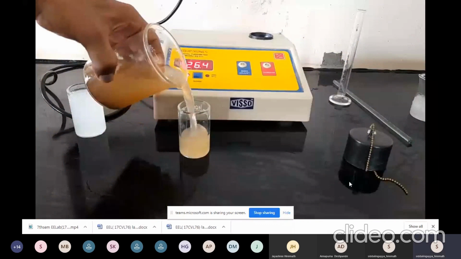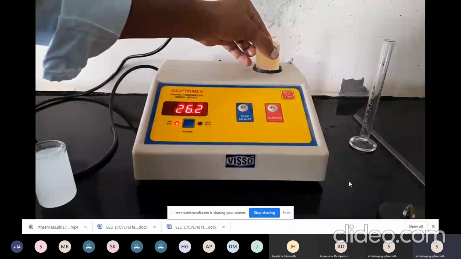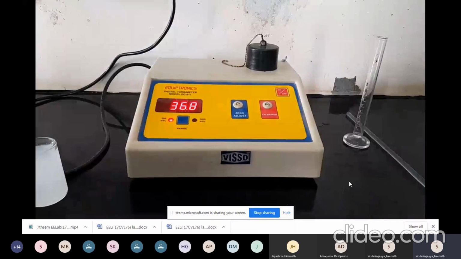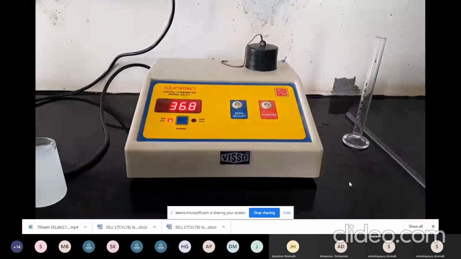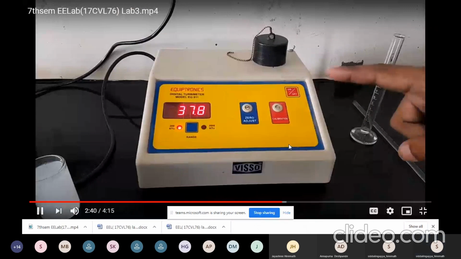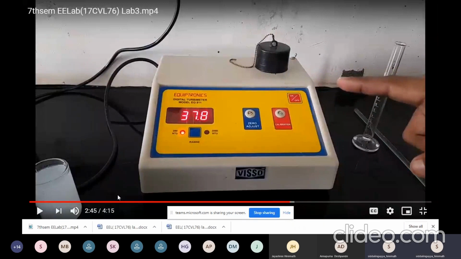Now keep the sample in the chamber of the instrument and wait for the constant reading. Now you can see the constant reading of the instrument, that is 37.8. So this is nothing but the turbidity of the given sample of water.